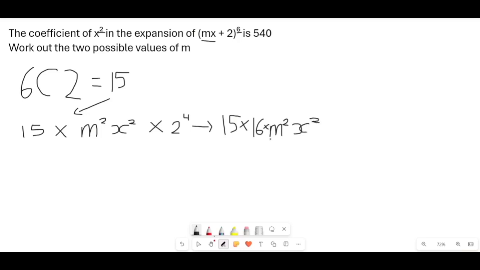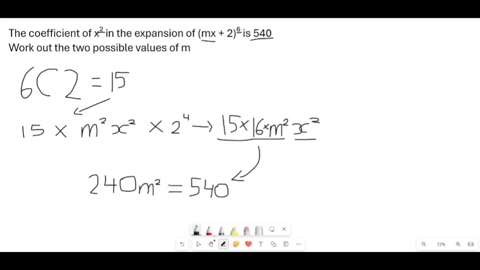Okay, so now that we've got to this stage, we have to remember that all of this is a coefficient of x squared, and we know that the coefficient is 540. So we know that 15 times 16 times m squared is 540, which lets us solve for it. Then using your calculator, divide by 240 both sides.